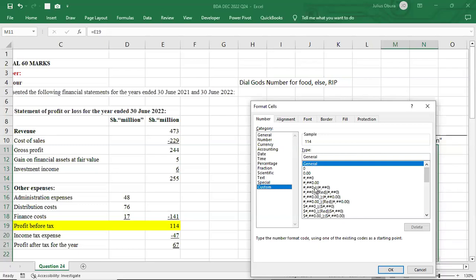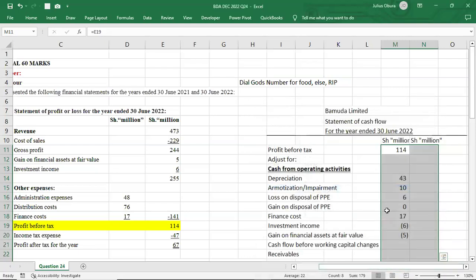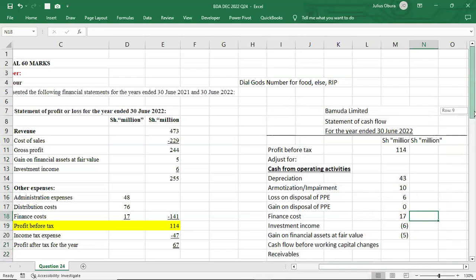I don't know if you can see it. Let me select it. I can see it. Yes, so probably yours may be having something like a minus ###0, something of a sort. So if yours is minus, you simply remove that minus and then you put the ###0 into brackets. But if it's already into brackets, just select that formatting. It will automatically adjust. Okay. So you select that, then you say okay. So the negatives are now in brackets.